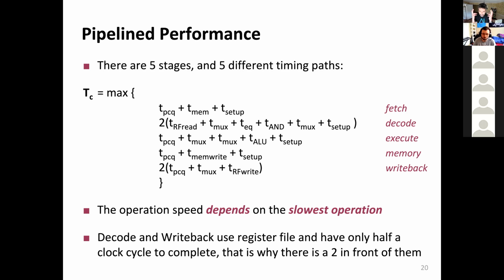In addition to average CPI, cycle time is also important, and it is one of the components that determine the performance of the system. Typically, we assume that the number of instructions is fixed, right? Especially if we have hardware variation, the number of instructions doesn't change as a result.